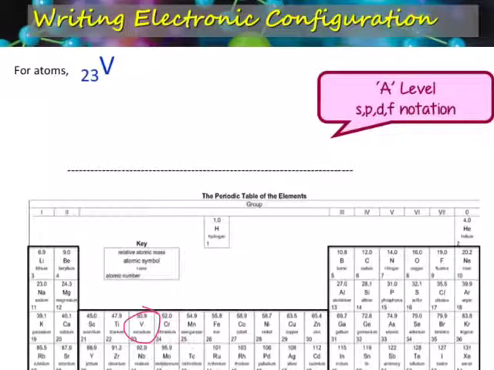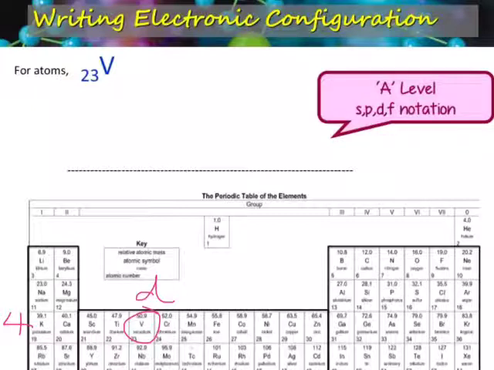Vanadium belongs to the third element in the d block. At the same time, it belongs to period 4. But bear in mind that for elements having proton number more than 18, the electrons are added to the 4s orbital first before 3d.